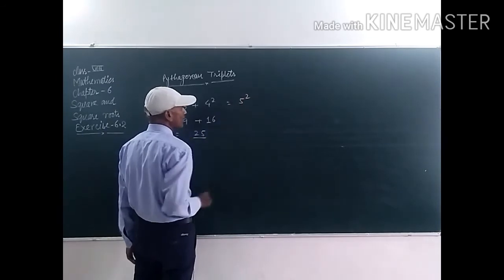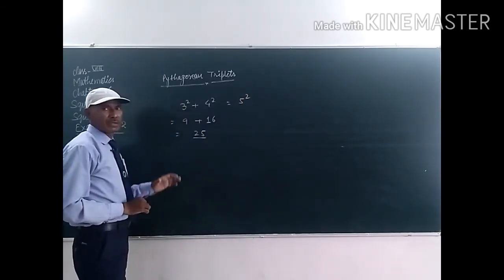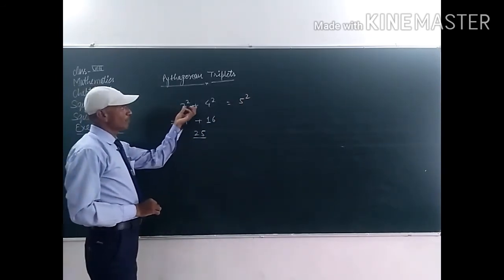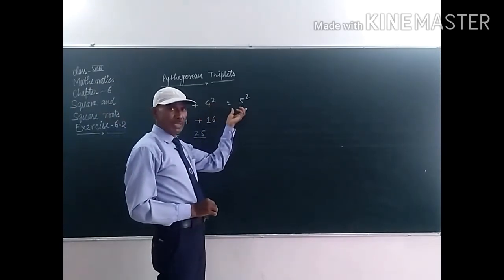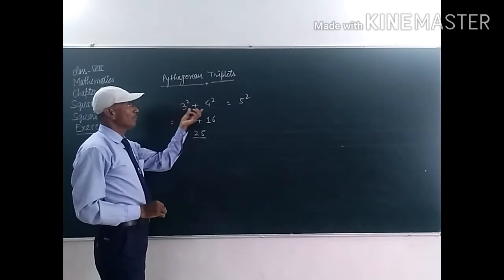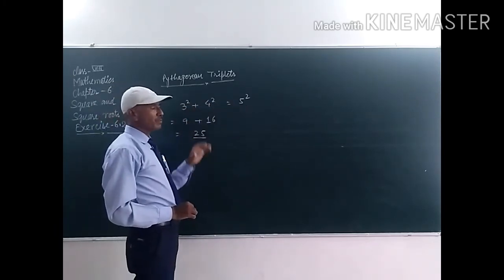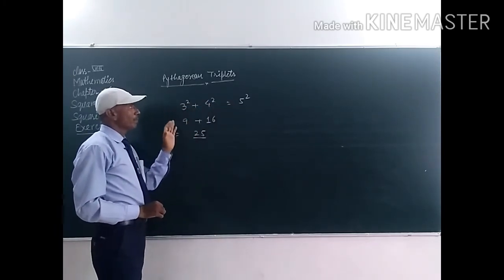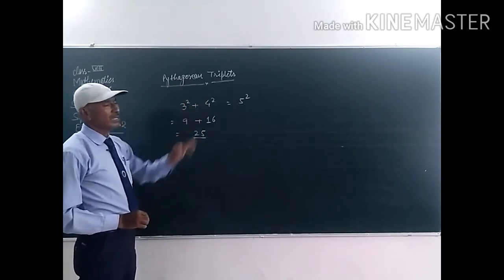Clear, student? This is 5 square. 3 square plus 4 square is equal to 5 square. There are three numbers 3, 4 and 5. Squares of these numbers form a Pythagorean triplet.